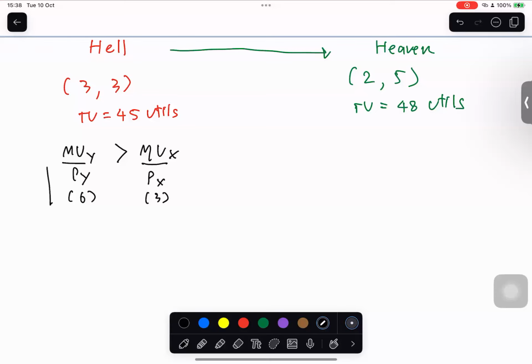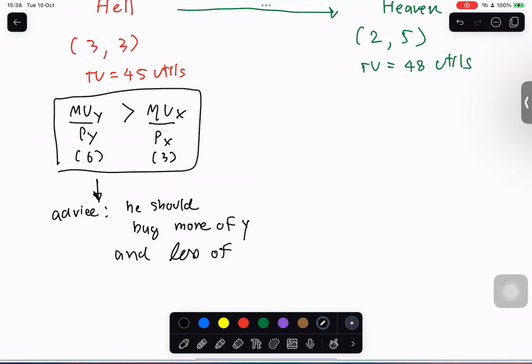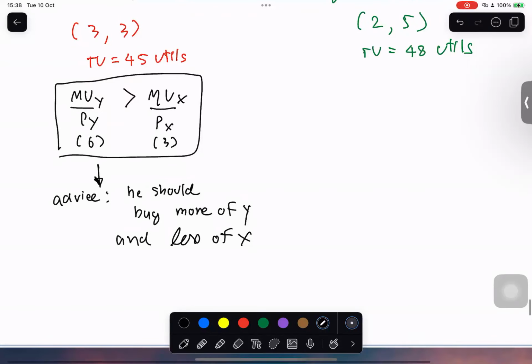Since MUY over PY is higher than MUX over PX, he should buy more of good Y and less of good X. This is our recommendation to him.